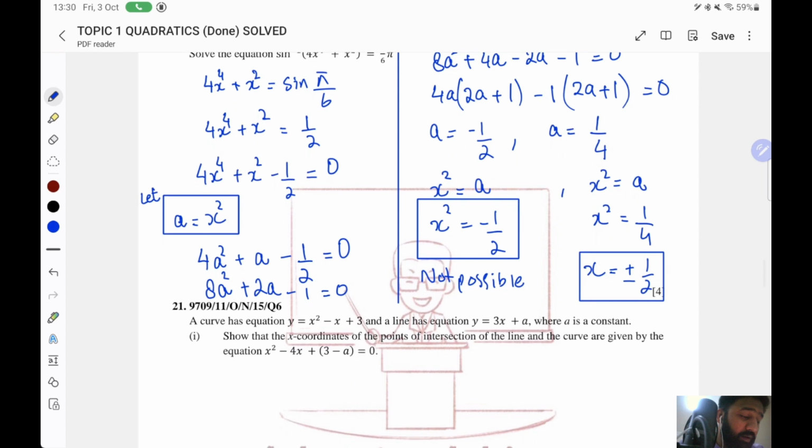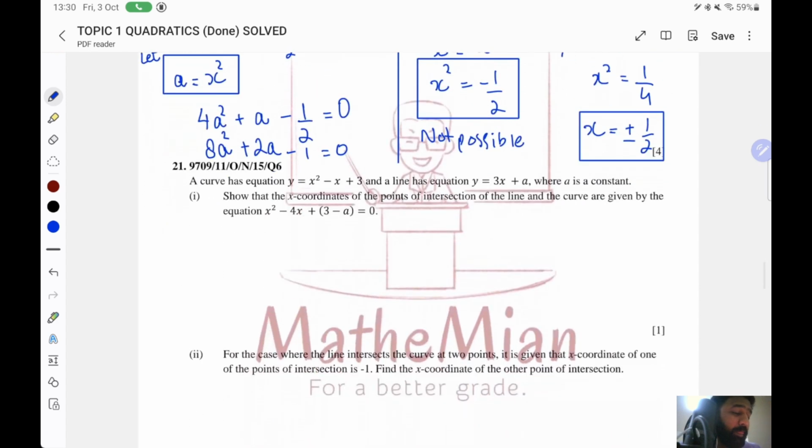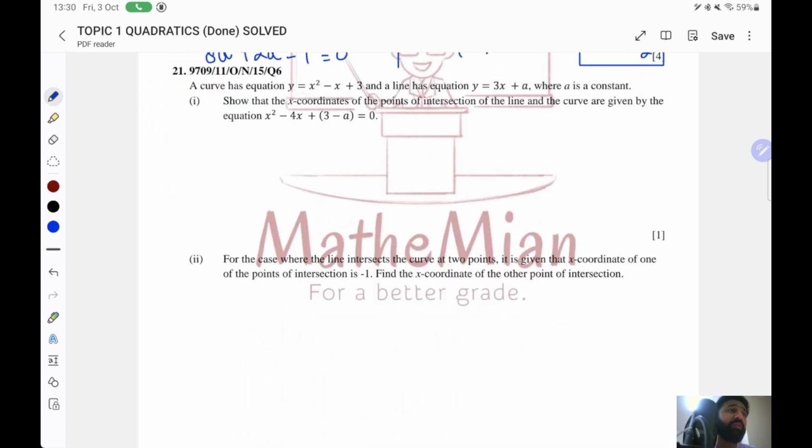Let's move forward. Question number 21, October November 2015, question number 6, paper 1-1. It says that a curve has equation y equals to x square minus x plus 3, and a line has an equation of y equals to 3x plus a, where a is a constant.